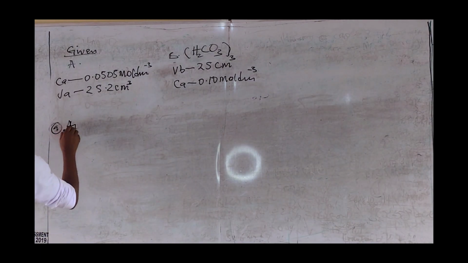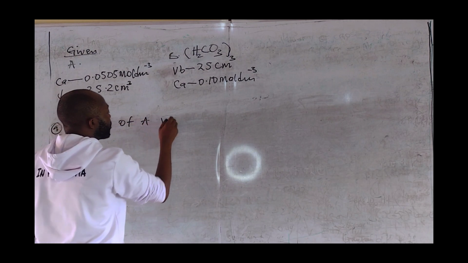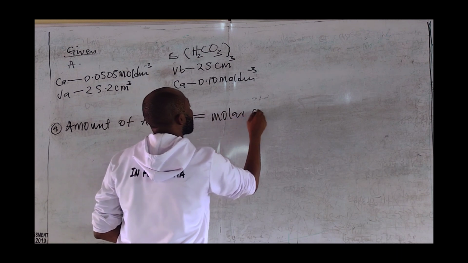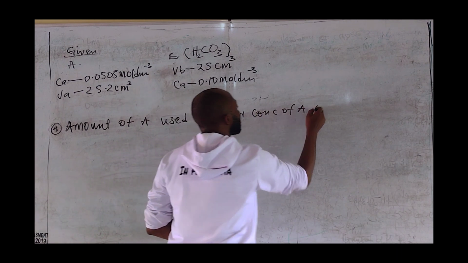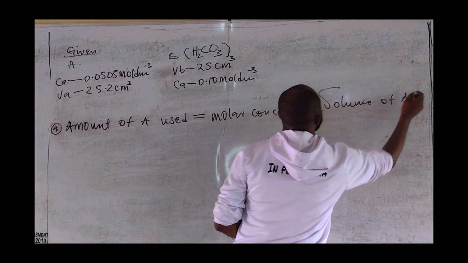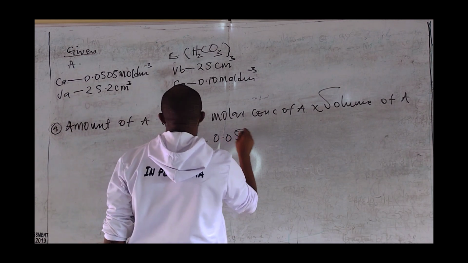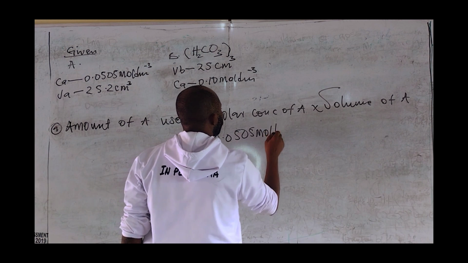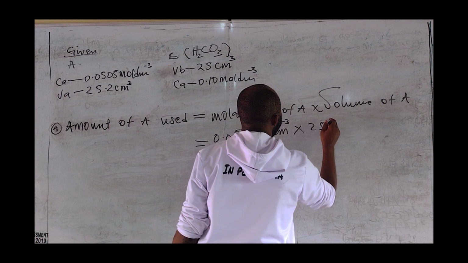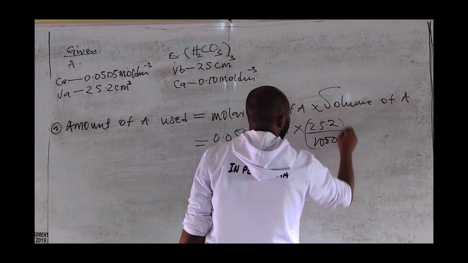Remember, amount of acid used is equal to molar concentration of A times volume of A. Now the molar concentration of A is given to be 0.0505 mole per dm³, times the volume of acid, 25.2 over 1000, or in dm³.